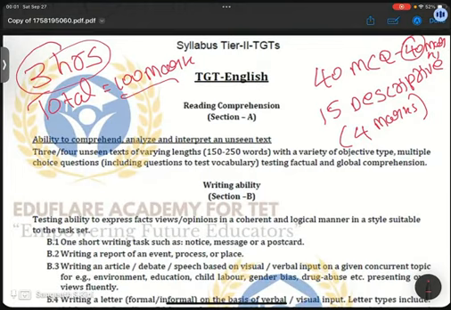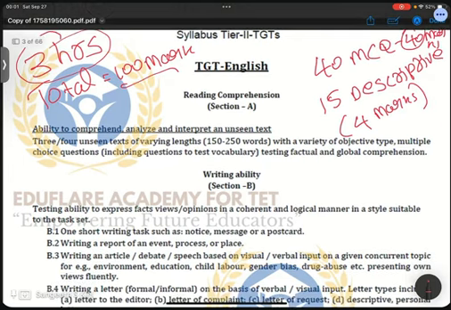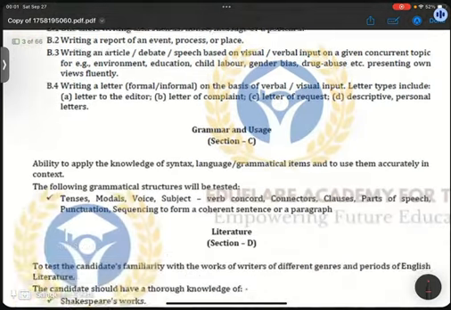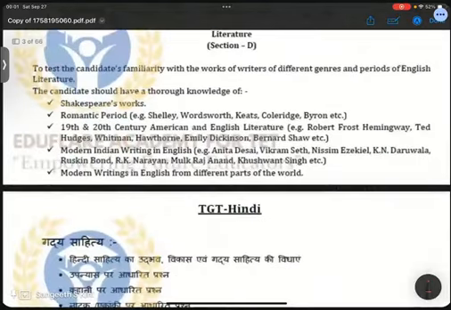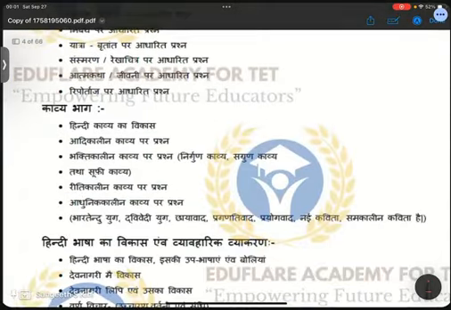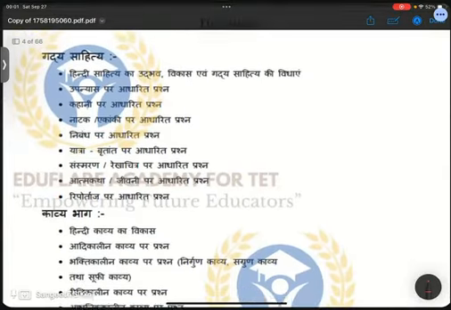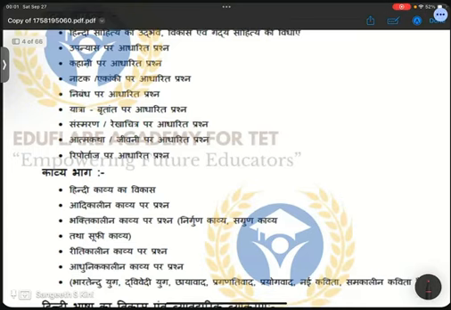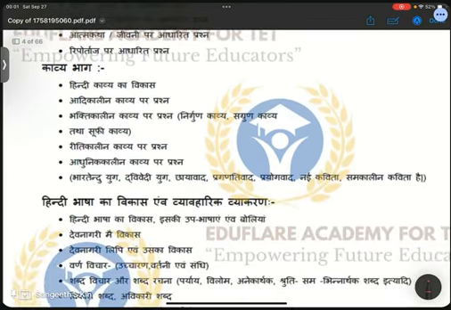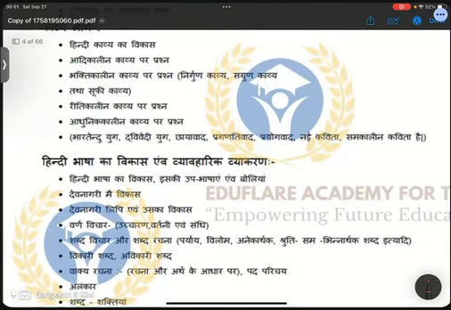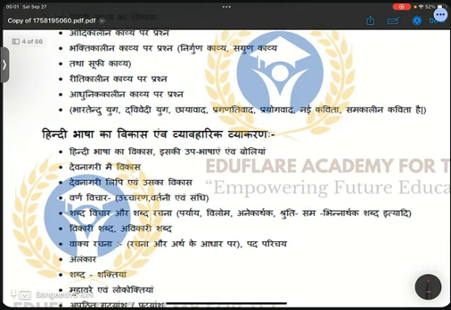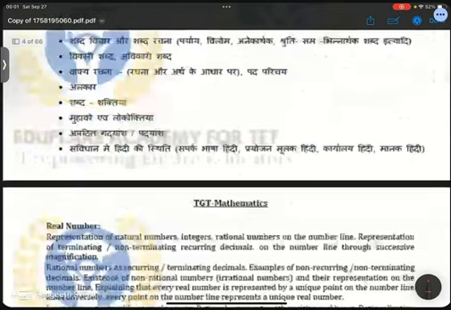Here, first the TGT English syllabus is given: reading comprehension, writing ability, grammar usage, literature. And the TGT Hindi syllabus is given there: गद्य साहित्य, काव्य भाग, हिंदी भाषा का विकास एवं व्यावहारिक व्याकरण.